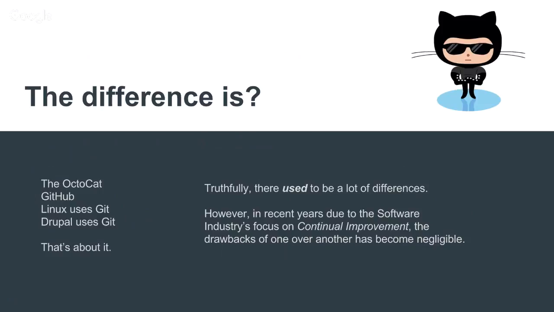But in the interest of continual improvement, they're all roughly the same. It's kind of like Foundation and Bootstrap, if you're front-end people, two sides of the same coin, just taking a different approach. If you're back-end people, Scald and the Media module, same thing, different approach. So that's about it. Linux uses Git, Drupal uses Git. So if you get really, really good at Git, you've got a future as a Linux admin.